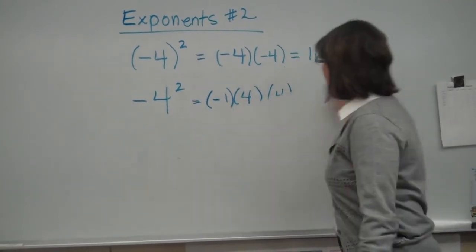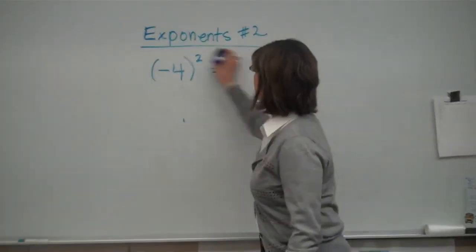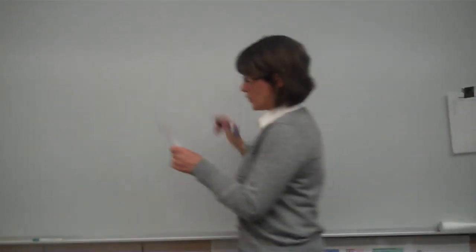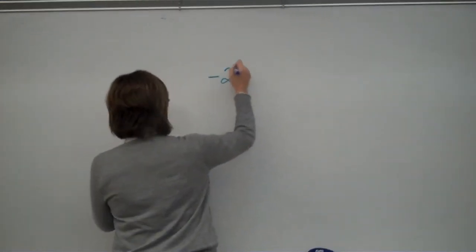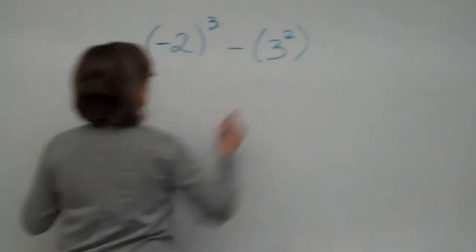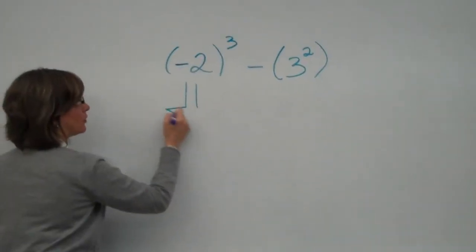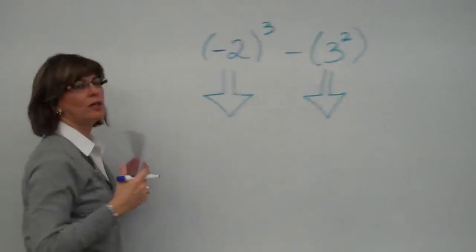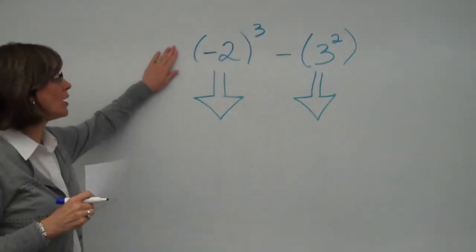Okay, so let's look at some of the more challenging type, like this one. I like to have you draw arrows so that you can break the problem up into 2 parts.